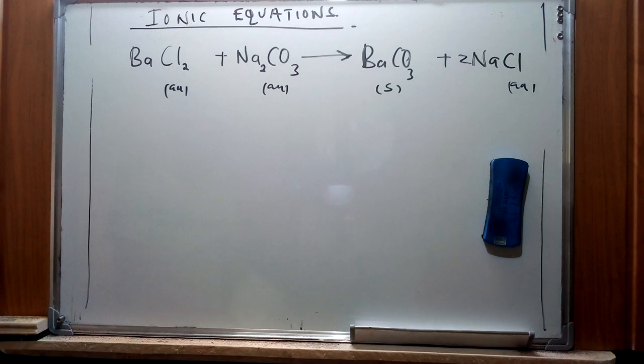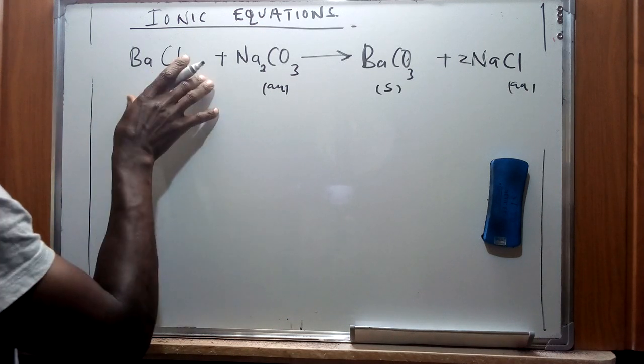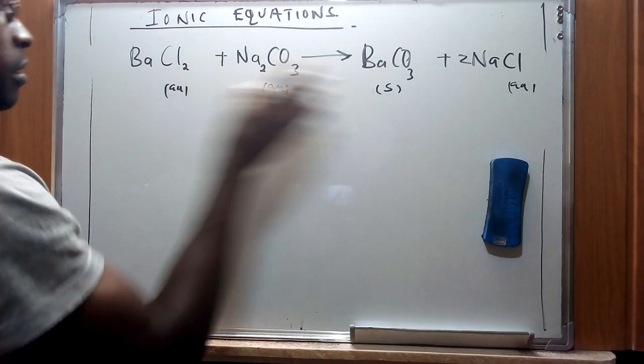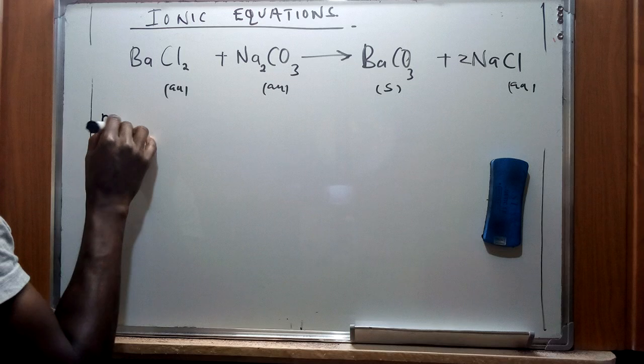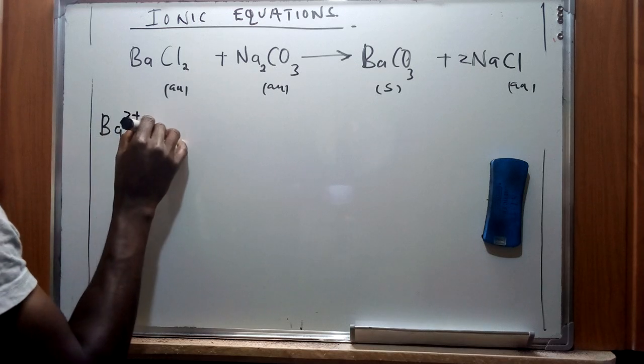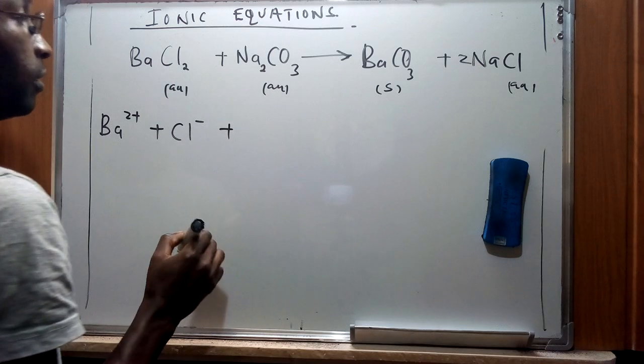Now from this stoichiometric equation we can derive an ionic equation, which is going to represent the ions that are going to react in order to form products. So we're going to see that there are 3 possibilities during ionic changes, and this is going to give us a representation for that. So we can give these compounds in their individual ions which form the product. We have barium combined with the chlorine, on the reactant side.